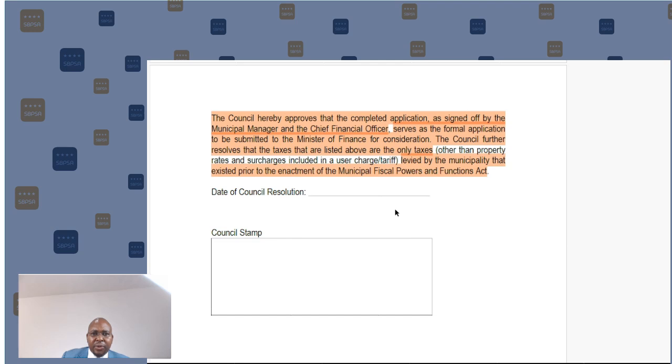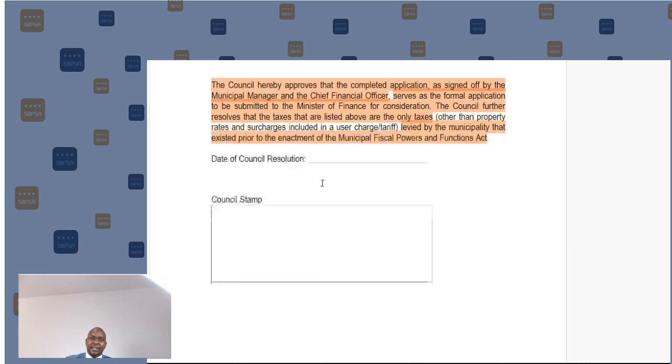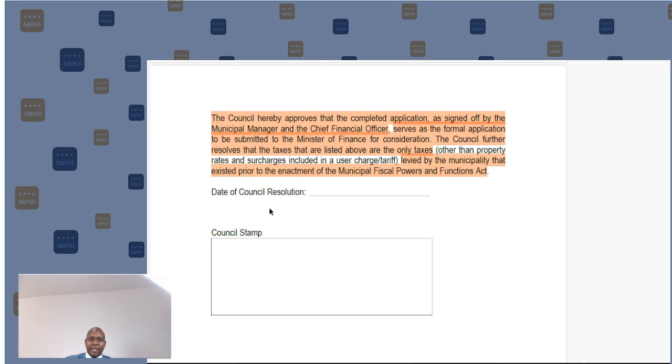But I think what I forgot to highlight here, because this is a pro forma that is listing the taxes, was that even though I see it as important that the resolution is included for purposes of this application, and the council stamp is also included, I felt that omitting the resolution number of the council was one of the oversights, but nevertheless it doesn't jeopardize the process to be followed.